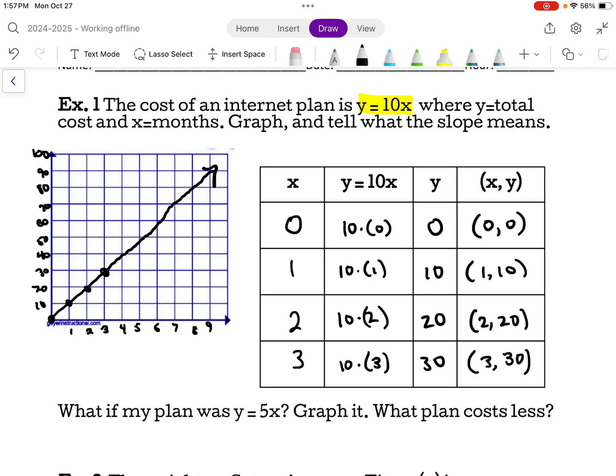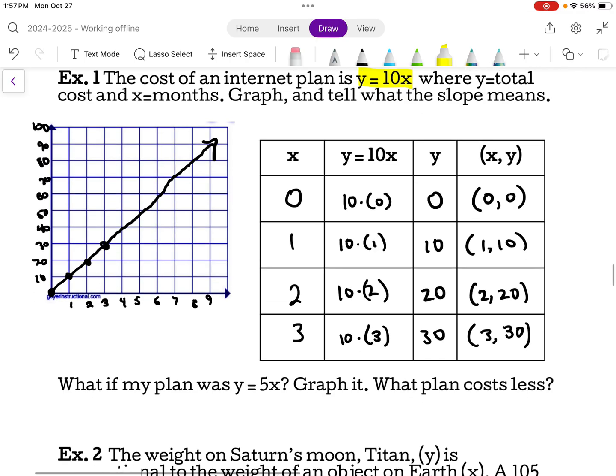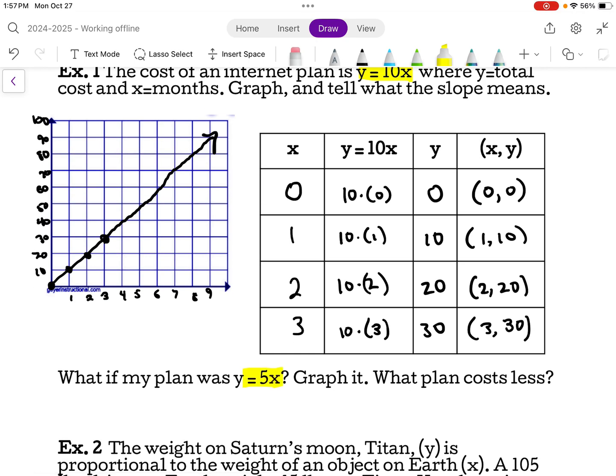And now on to the second part of this. This is if the cost of an internet plan was y equals 10x. If I look down below, it's asking me to graph it if it was y equals 5x. So I'm going to do the exact same thing I did above. The only thing I'm doing now is instead of using the equation 10x, I'm using 5x.